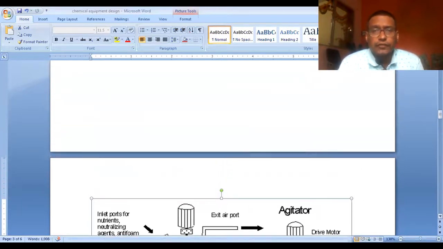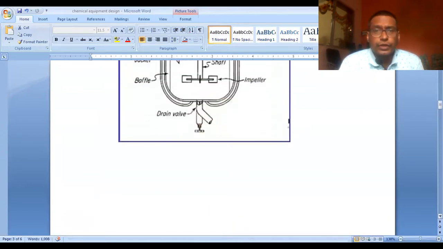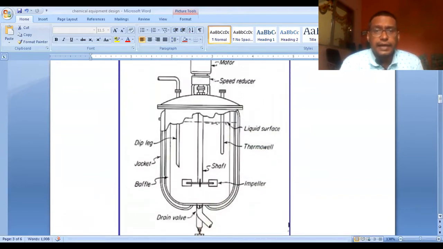Besides that, there is another figure also. This is the simple design, industrial scale again, which incorporates the motor, speed reduction, then here the sealing arrangement to be provided: a mechanical seal, or certain gaskets. Then this is considered as the head. This is the main wall of the vessel. Around that, there can be a jacket for heating and cooling purposes. This is the impeller.